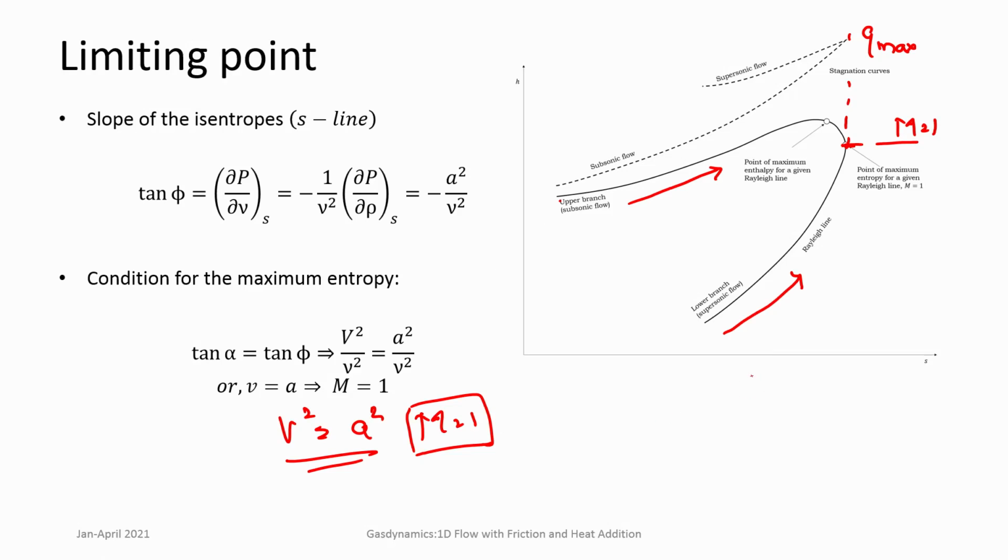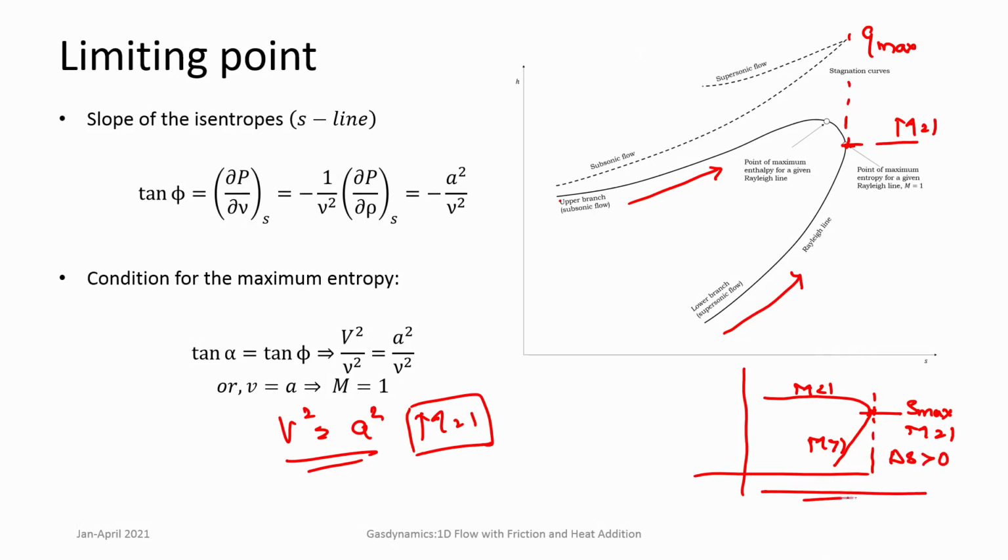In case of a Fanno flow, you have S max at Mach number equal to 1, with a subsonic branch and a supersonic branch, and one cannot go from one branch to the other because this is an adiabatic flow, and here the entropy change has to be always greater than 0.